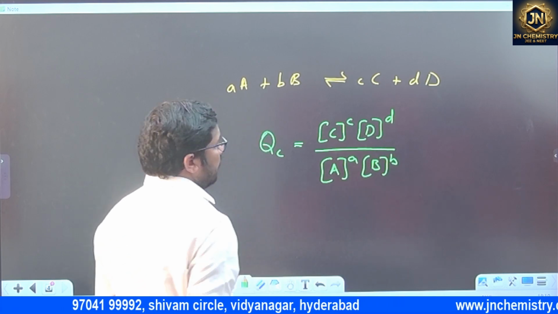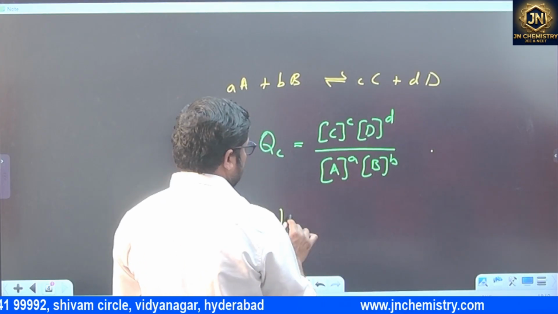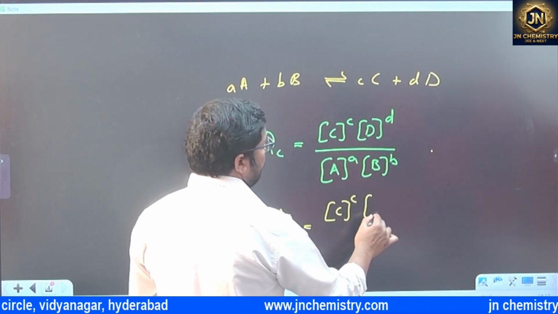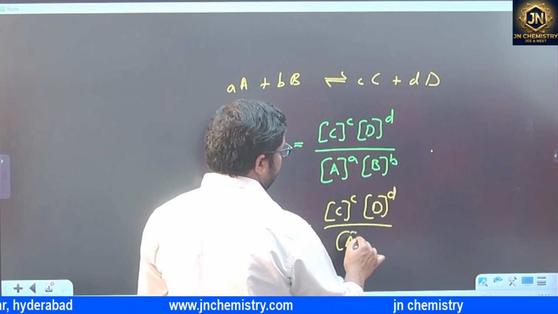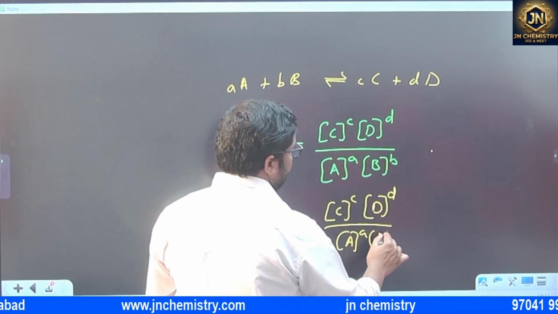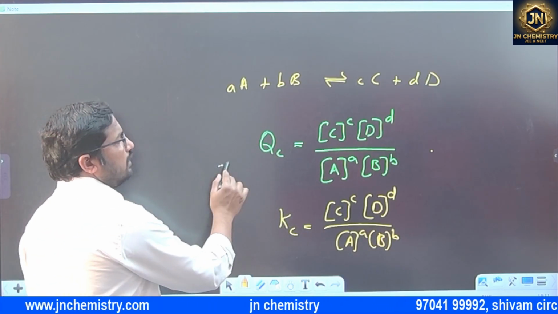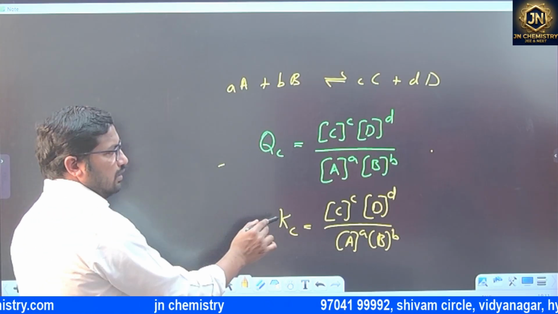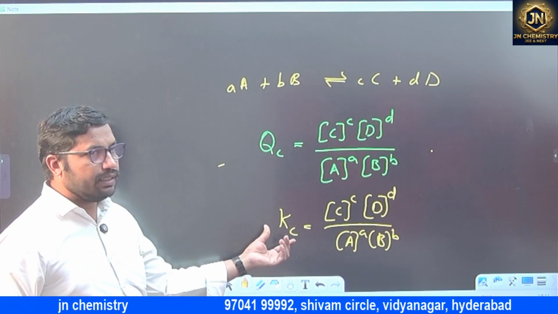Kc is equal to what? Kc is equal to C power c, D power d by A power a and B power b, right? But Qc is nothing but the value at any particular concentration, while Kc we write after attaining the equilibrium.